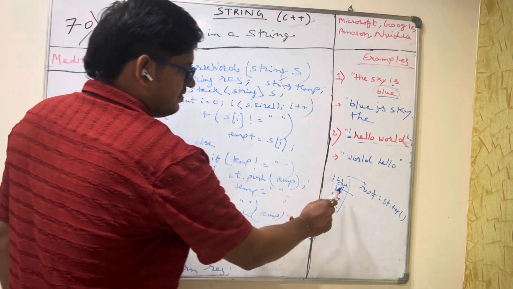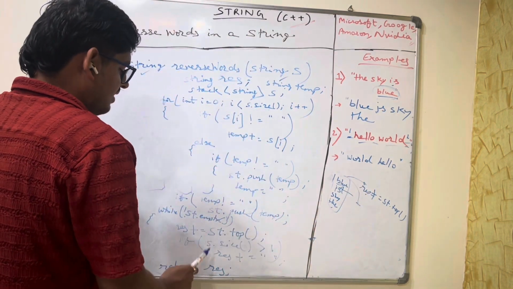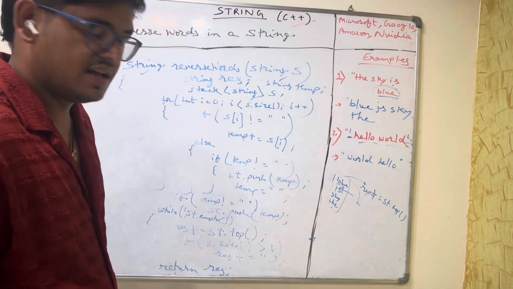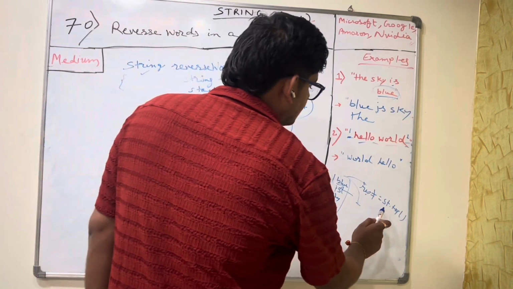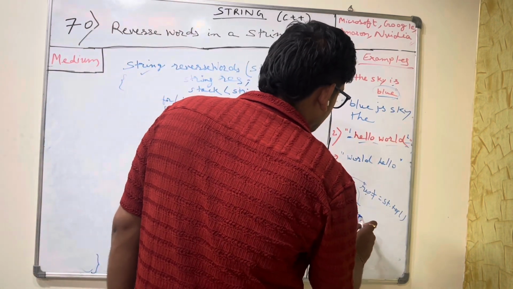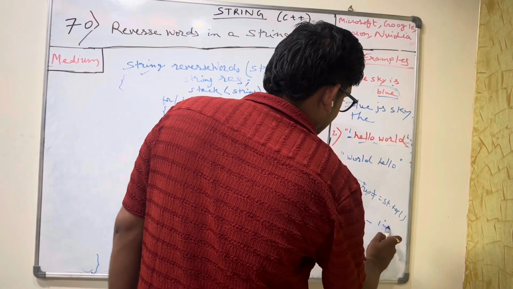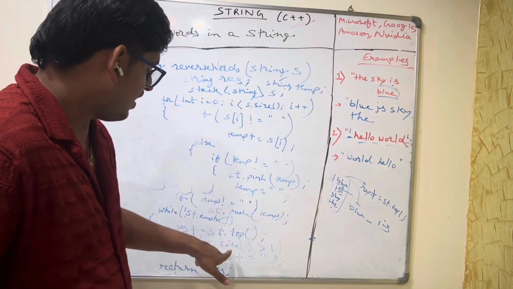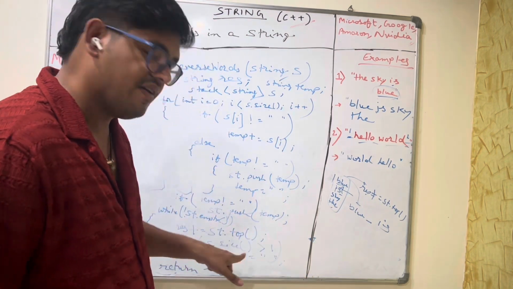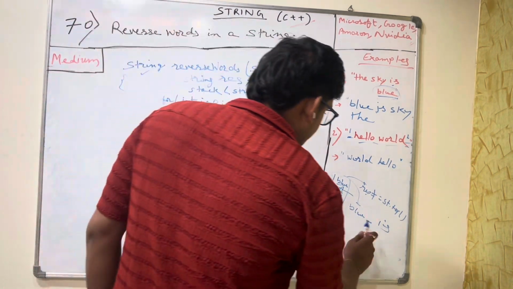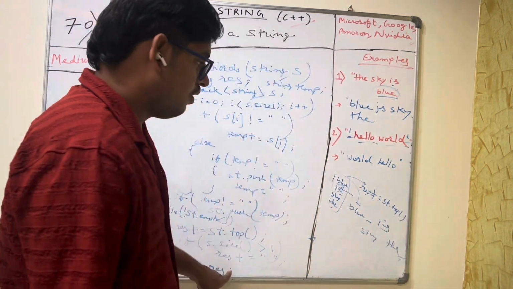So what we have done here, that once we have got this stack, the stack is not empty, so blue will be added to the result. After adding blue, we see the size of the stack. If the size of the stack is greater than 1, then we add a space. So after blue, we'll add a space, and then again we'll add the next word, is. Why we have added this? If we would not have added this and we would have directly given the space, then after blue is sky, there will be another space, okay.